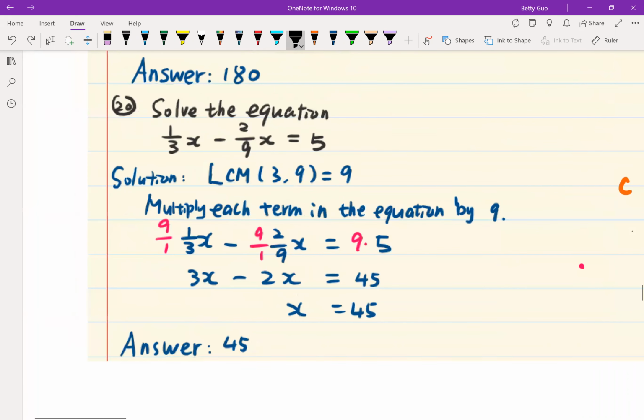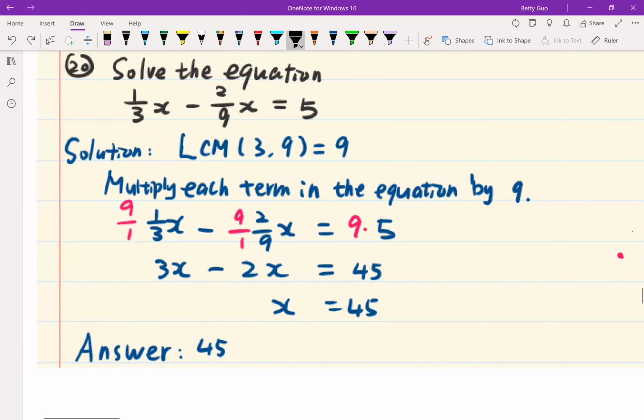Okay, let's look at this solution quickly. Yeah, I guess I went too slow in the beginning. This equation has how many denominators? 2, 3, and 9, right? What's the least common multiple of 3 and 9? 9, because the first special case, right? Okay, then we are going to multiply all the three terms in the equation by 9.